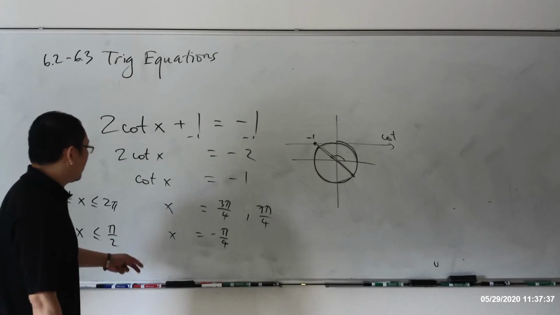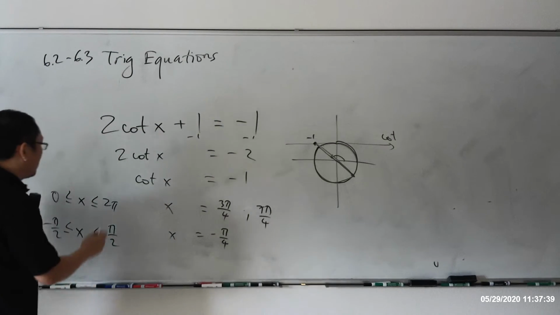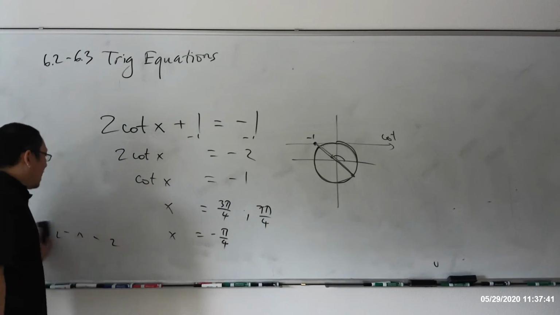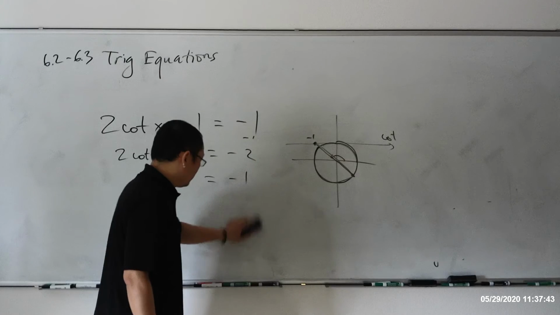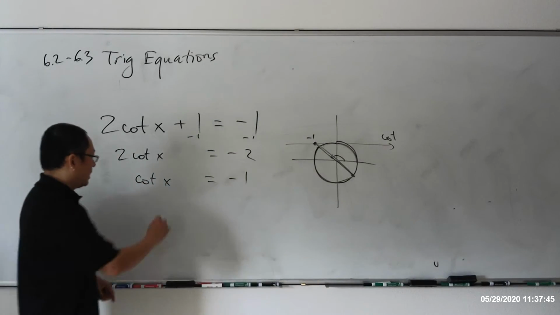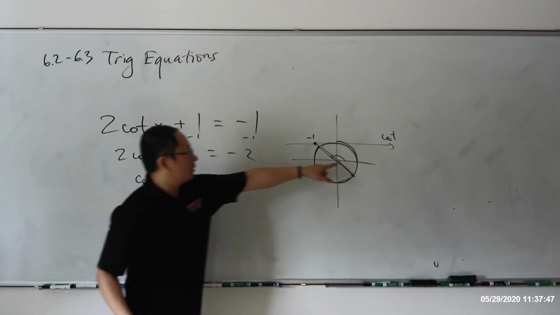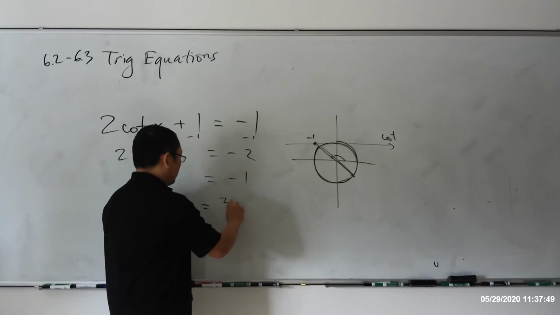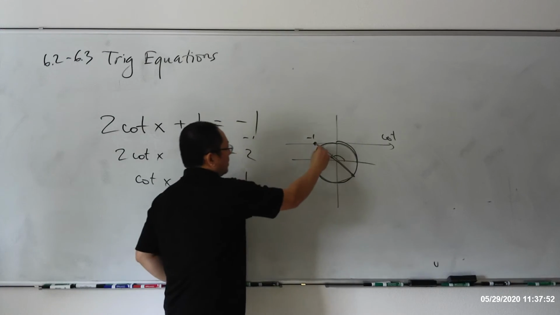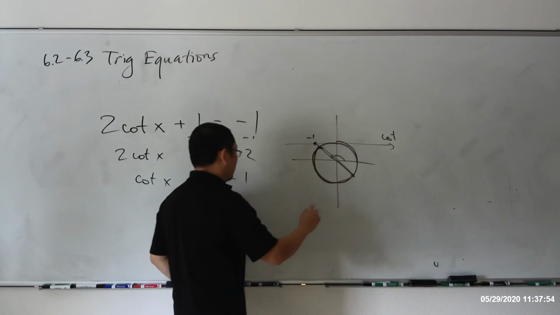So in general, if you have cotangent of x equal to -1, this is how you should write it: x is equal to 3 pi over 4, which is a point right here, and you keep adding pi to it.